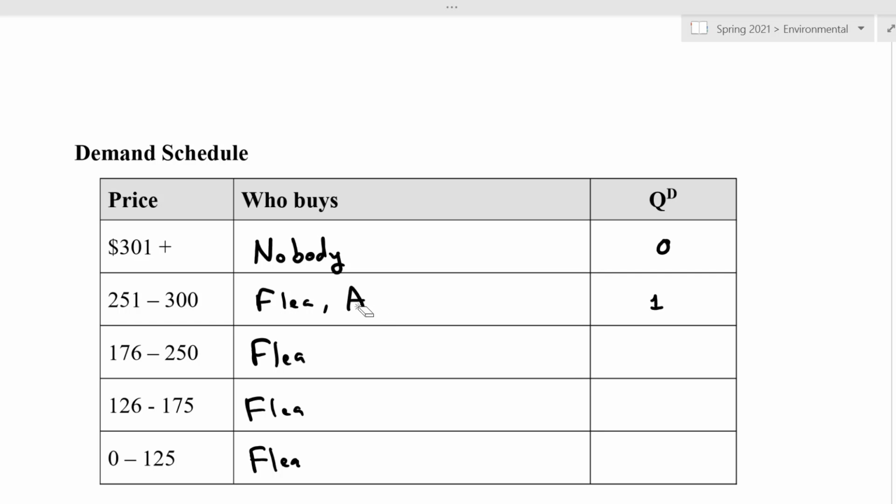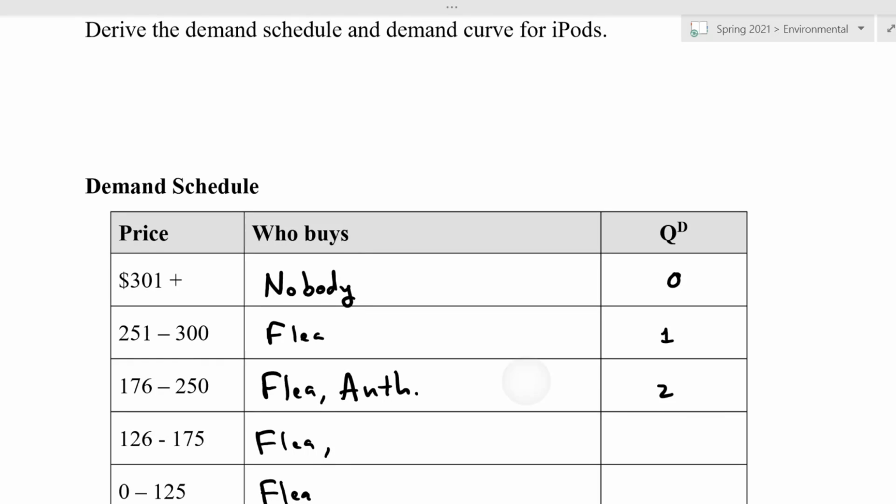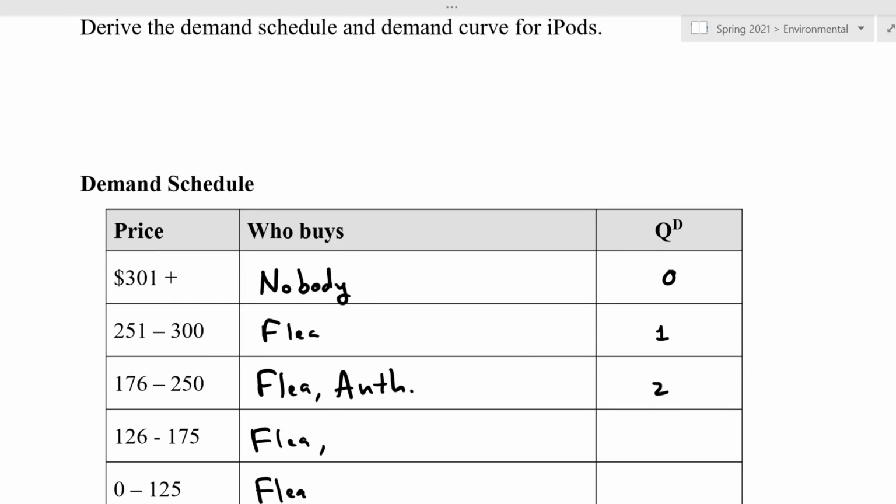But Anthony joins in. He's willing to pay $250. So we have a quantity demanded of 2. And then we have Chad. He's willing to pay $175.